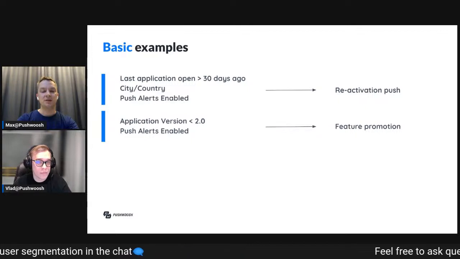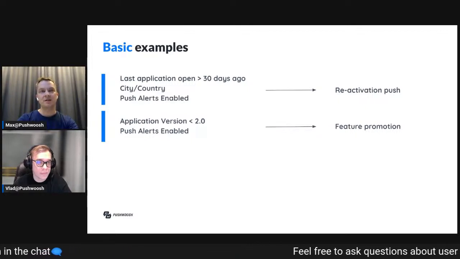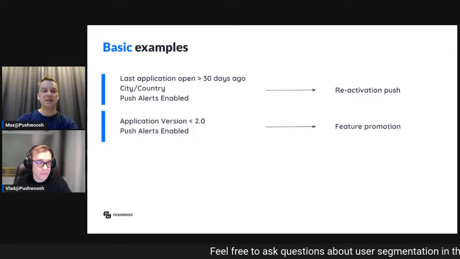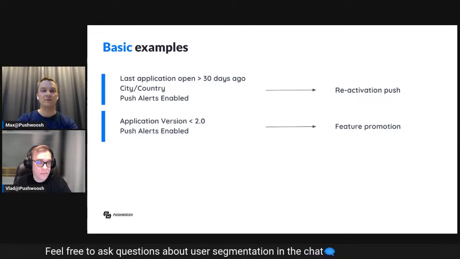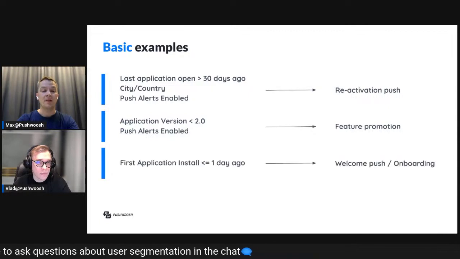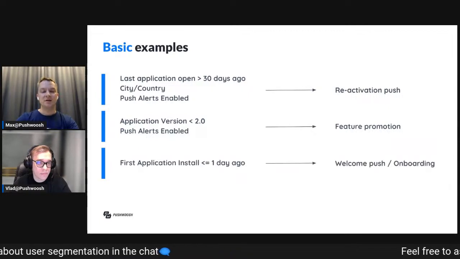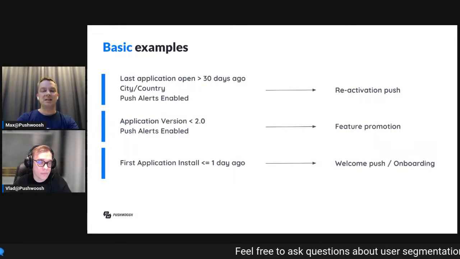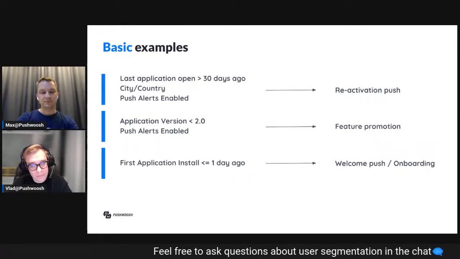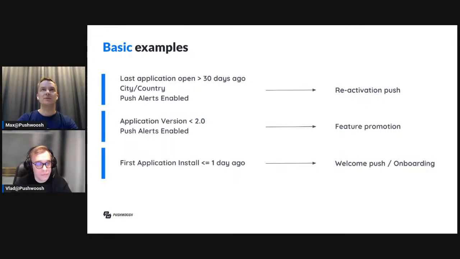Application version is something or greater or less than, and again, the push alerts enabled criteria is a good option, for example, for the feature promotion. Finally, as we have already mentioned, the first application install criteria is pretty simple. However, it is a very powerful thing to start a welcome push or onboarding campaign.